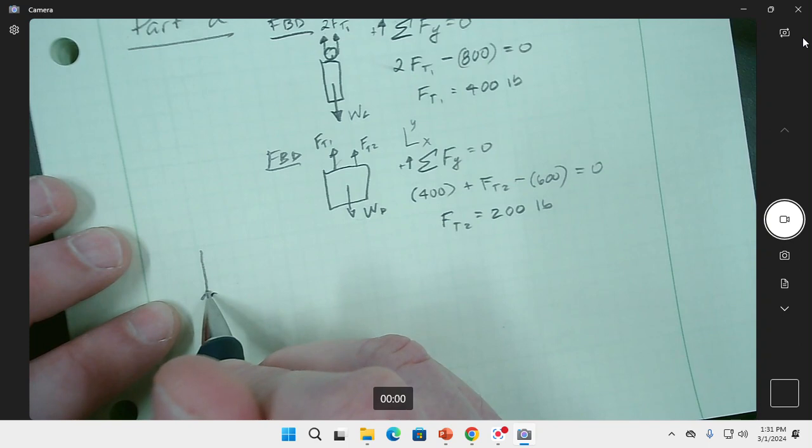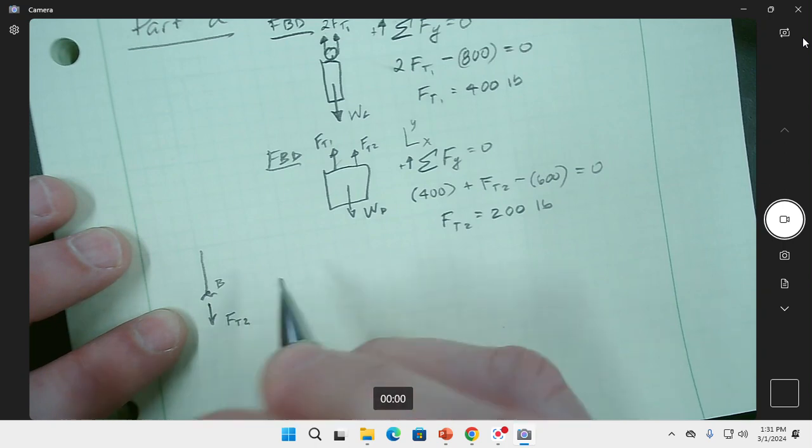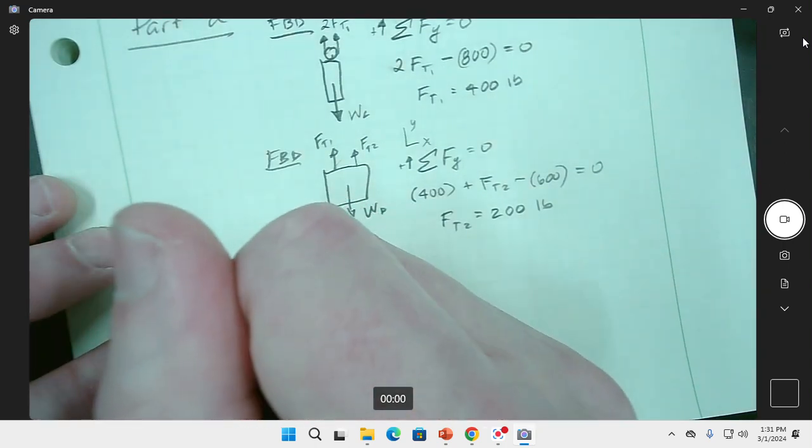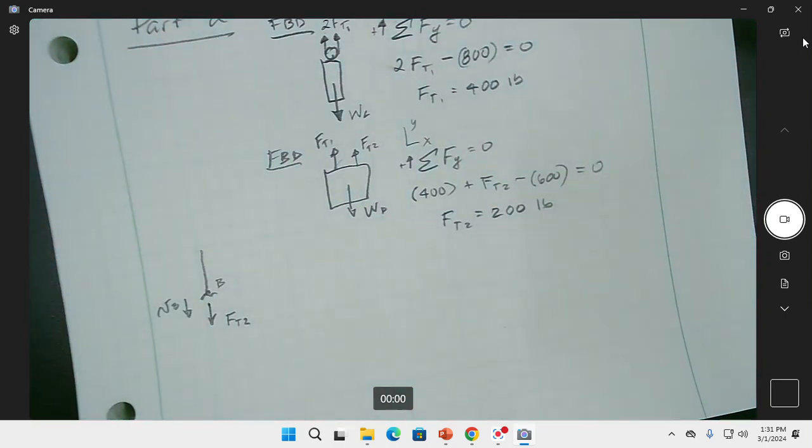So that's sort of like point B right here, where we have T2, and it is moving at VB. And over here is the system. So this is positive energy rate being added to the system that I haven't drawn the rest of.